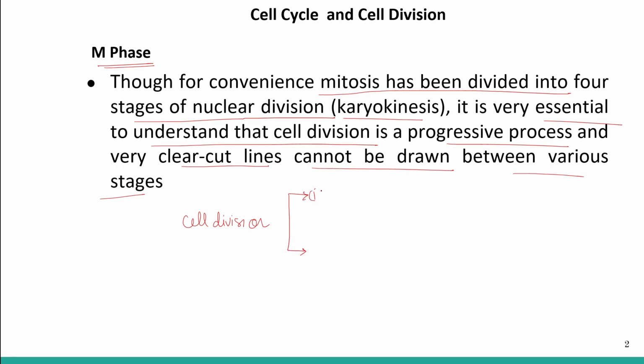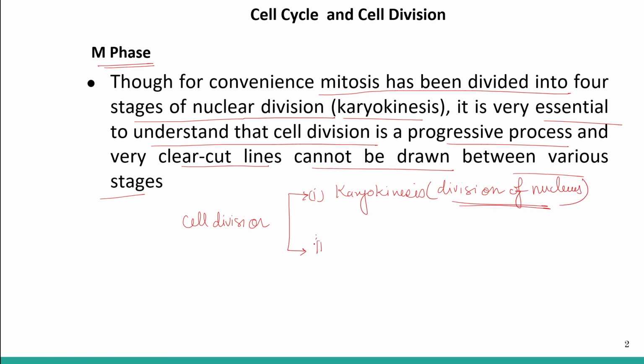The first one is karyokinesis, that is the division of the nucleus. So the nucleus divides into 2 in this stage.